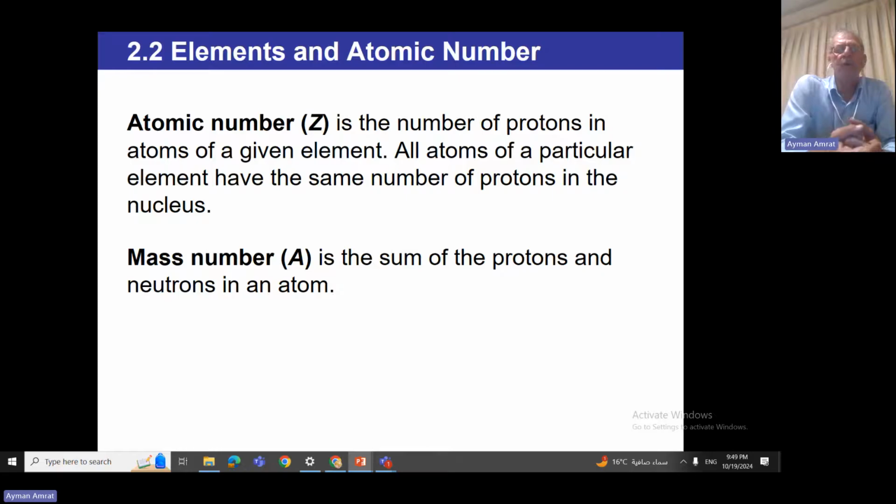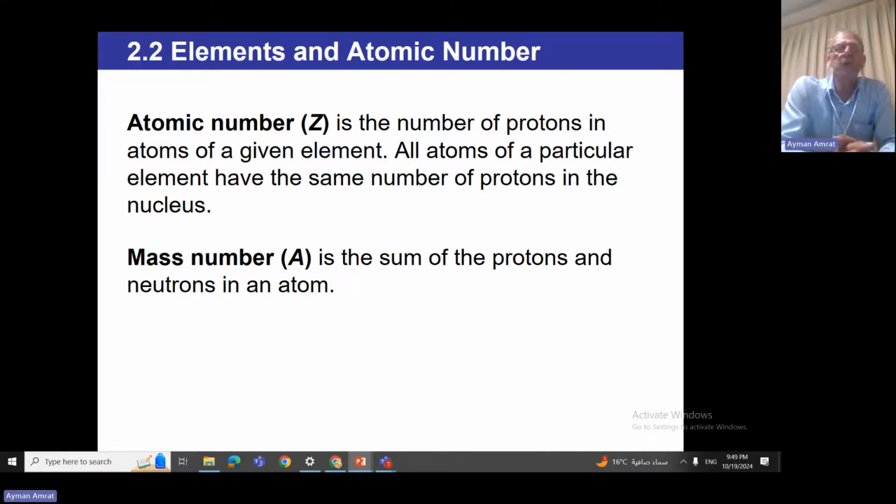The atom of a given element is specified by two quantities. The atomic number Z is the number of protons in atoms of a given element, which is always the same for the same element and different if you change the element.